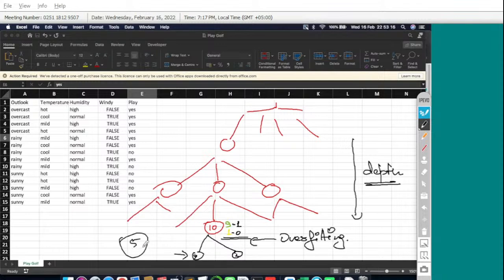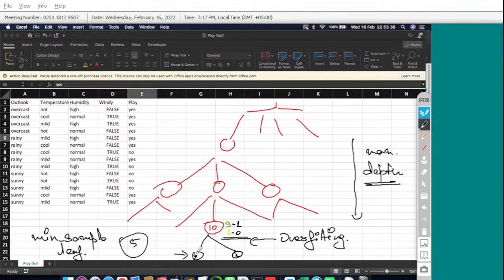Some minimum number of observations we want to have in the leaf node. That will also restrict the unnecessary splits. This is called max depth. This is called minimum samples in leaf node, minimum sample leaf.